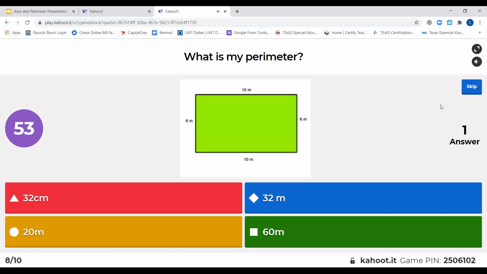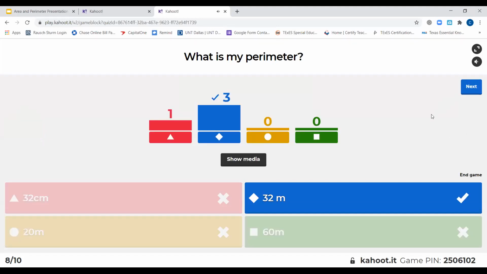That's 10 for the length and 6 for the width. Good, good.